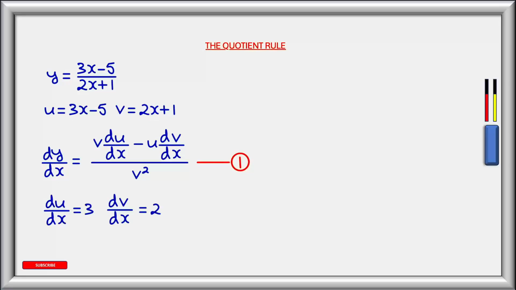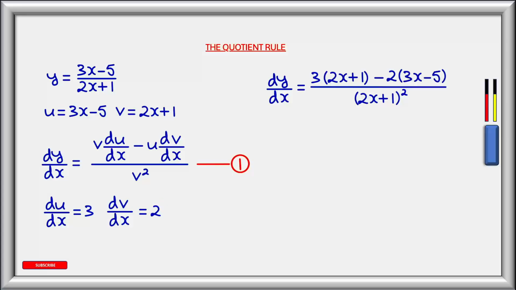And so we can use the power rule to find both of these derivatives. So du/dx is equal to 3, and dv/dx is equal to 2. And now we can plug all these results into equation 1.